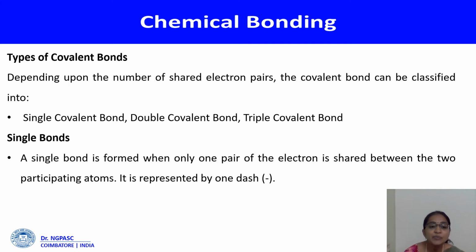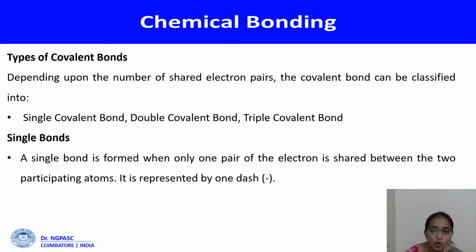Next, types of covalent bonds. Mainly, covalent bonds are of three types, depending upon the number of shared electron pairs. They are classified into single covalent bond, double covalent bond, and triple covalent bond.